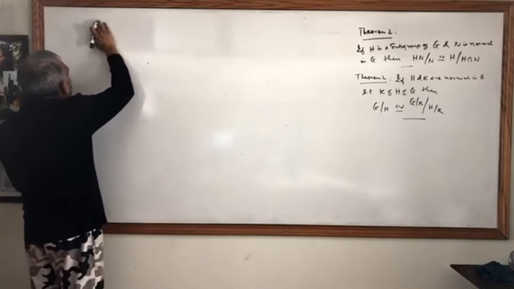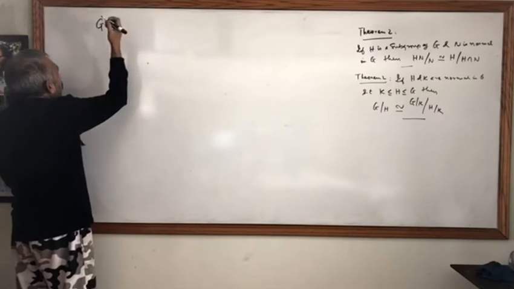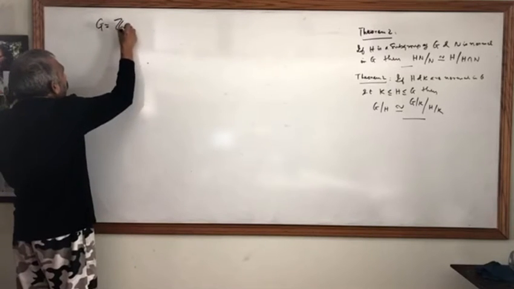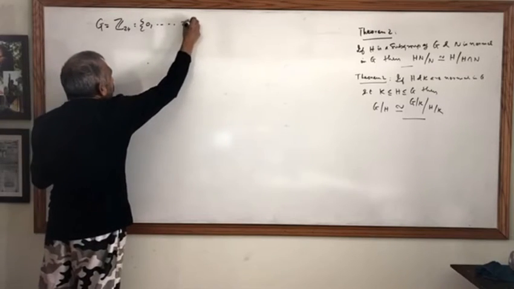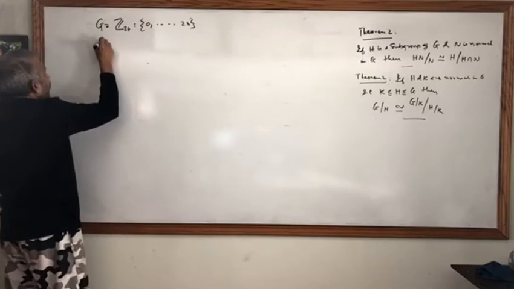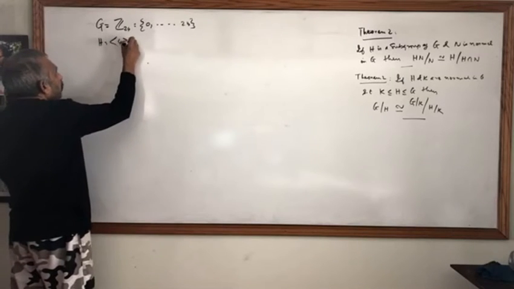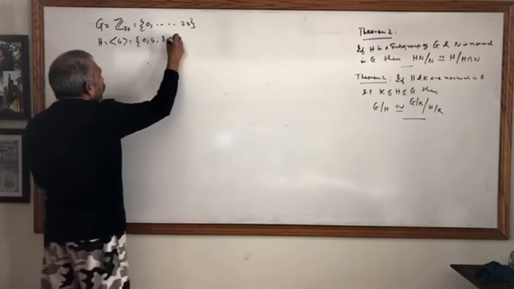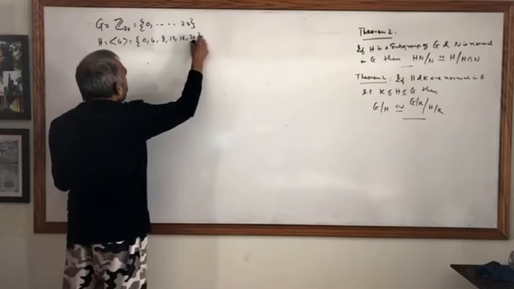So first let us take G equal to Z24, that is 0 to 23. And H is the subgroup generated by 4, that is 0, 4, 8, 12, 16, 20.